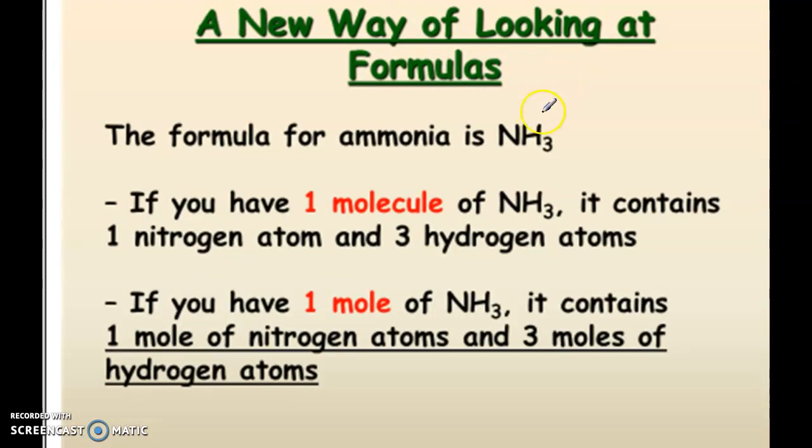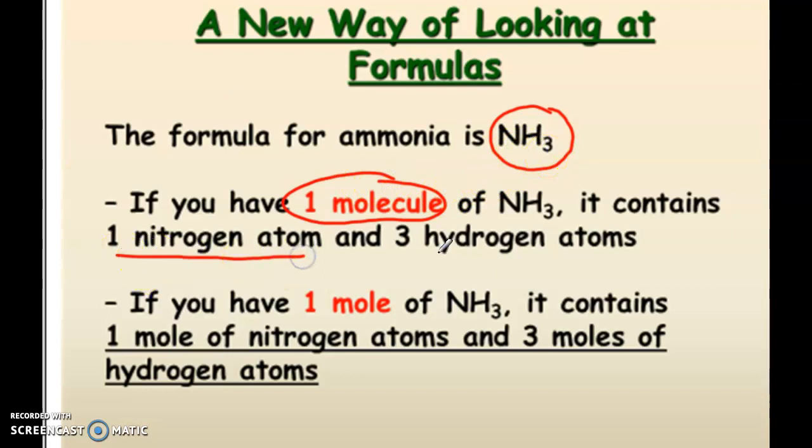All right. When you're looking at a formula, let's say for ammonia, NH3, we can talk about this as being a molecule of ammonia, or we can say that this is a mole of ammonia. What do I mean by that? Let's say we have 1 NH3, 1 molecule. To make this, we need 1 nitrogen atom and 3 hydrogen atoms.